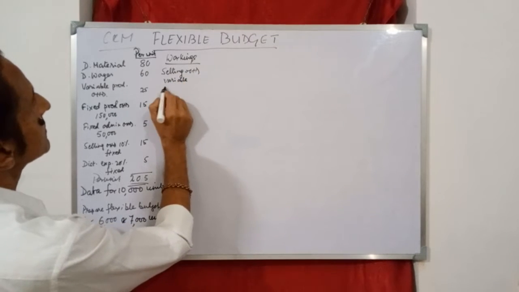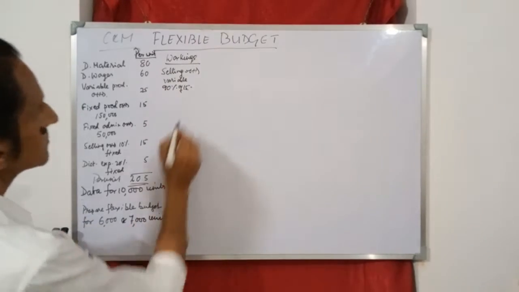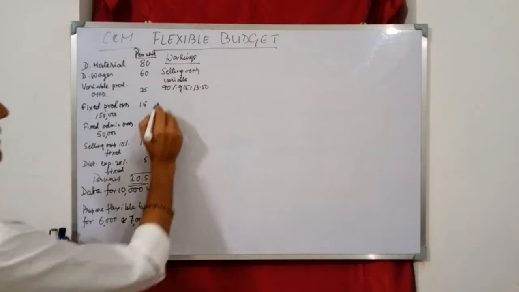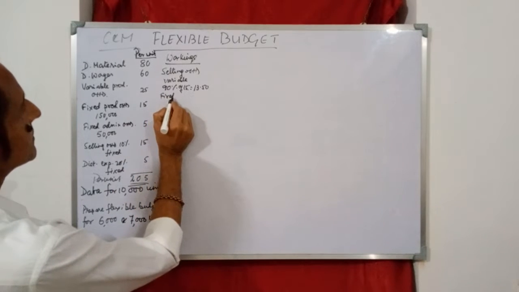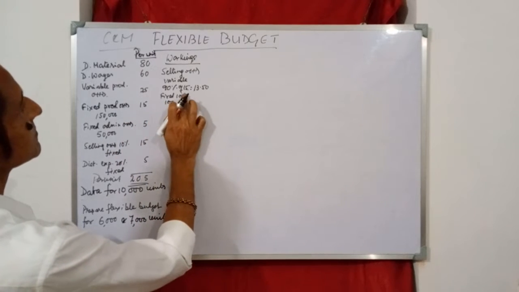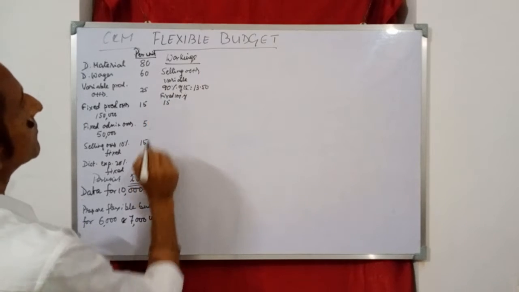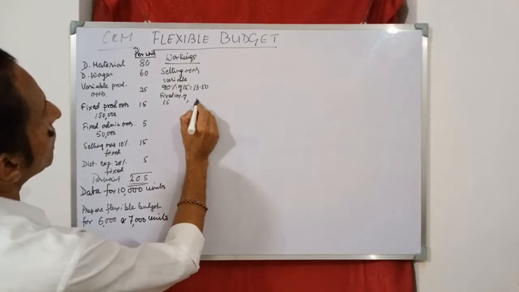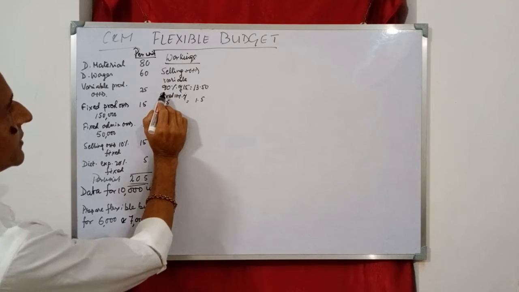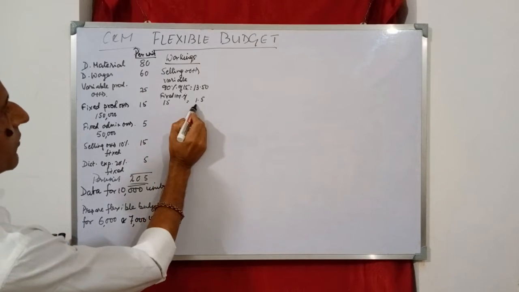Variable is 90% of 15, which is equal to 13.50, and fixed 10%, that is 10% of 15, which is 1.5, right? So variable overhead per unit is 13.50 and 10% fixed comes to 1.50.